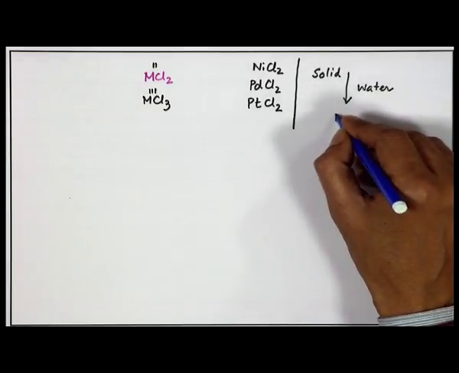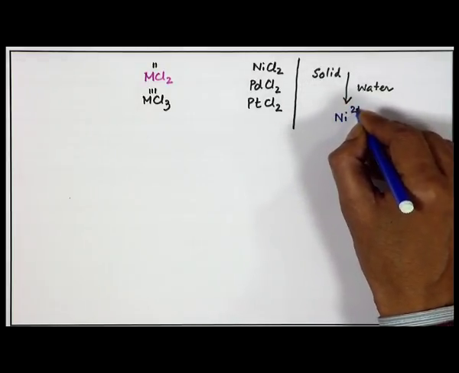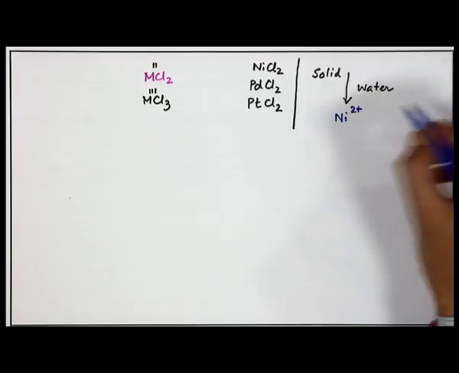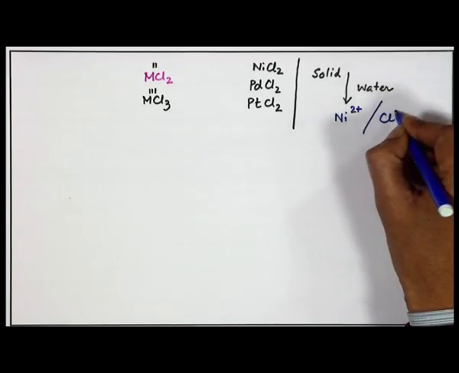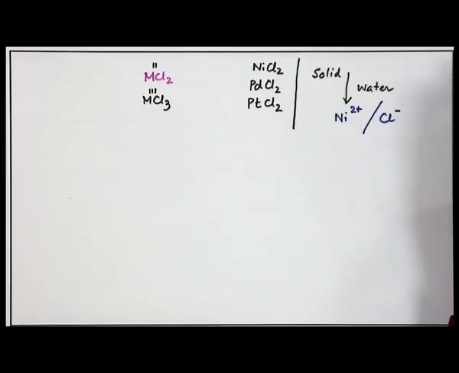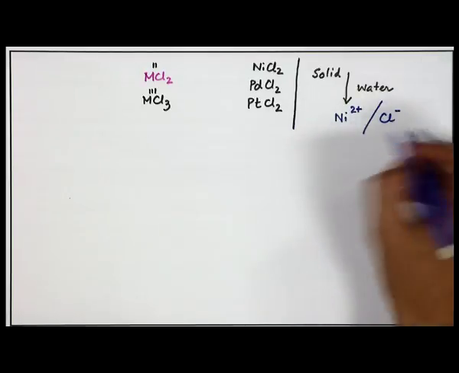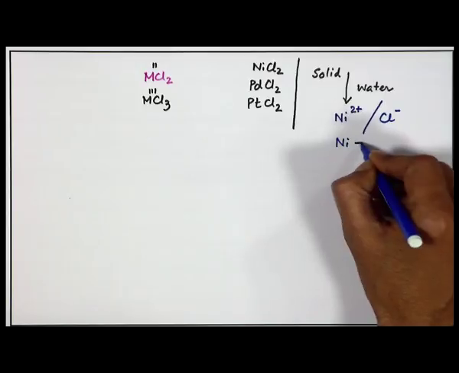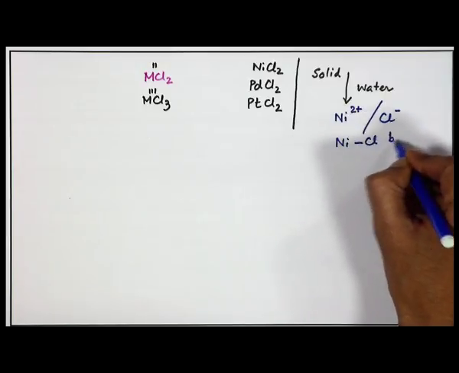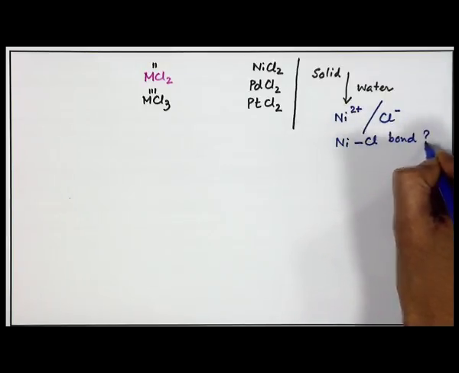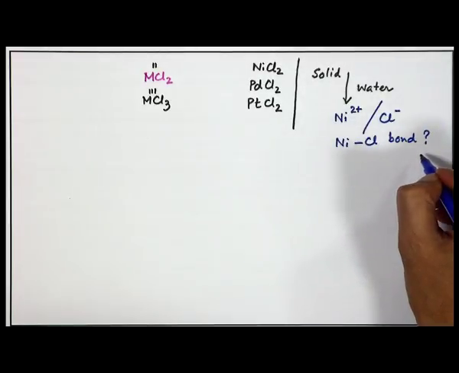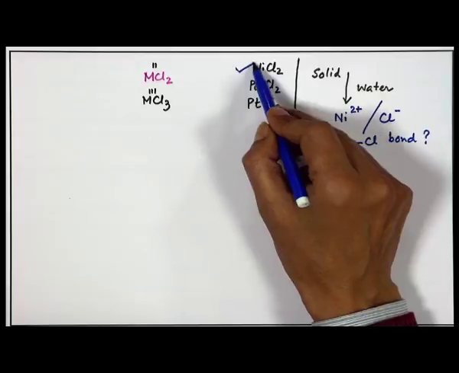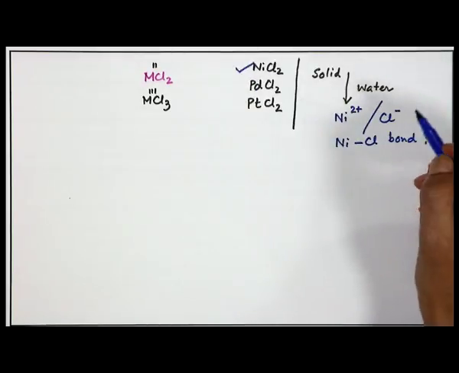We get nickel present as nickel 2 plus, and side by side the removed chloride ions will be there, but we do not know whether we have some existing nickel-chloride bond. In this particular case, whether the nickel-chloride bond is present or not, we are handling NiCl2 only.